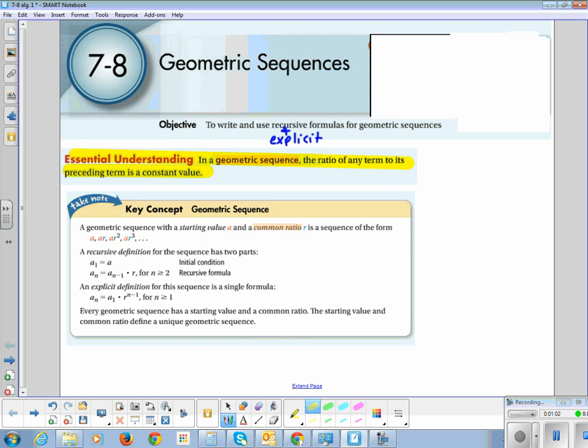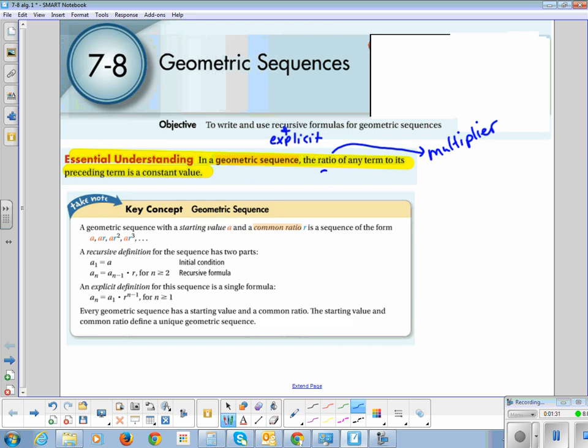So ratio is like a multiplier. So the ratio, when you multiply by the same item, the ratio of any term to its preceding term is a constant value.